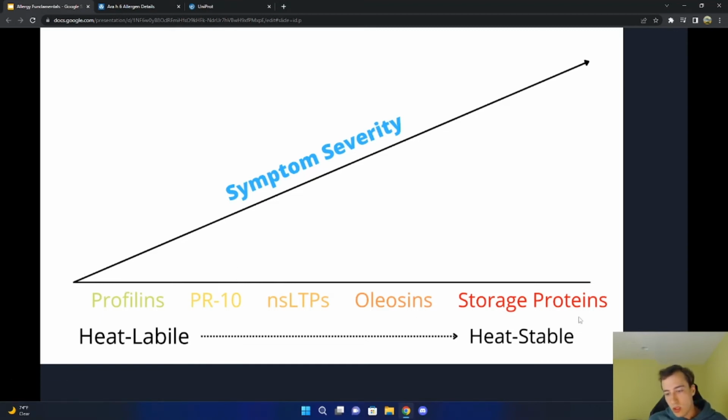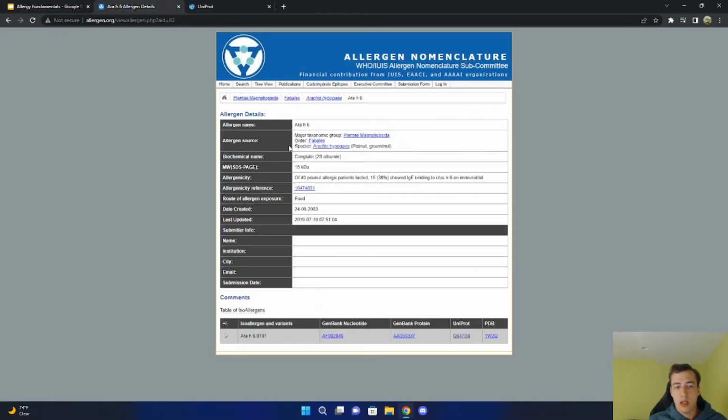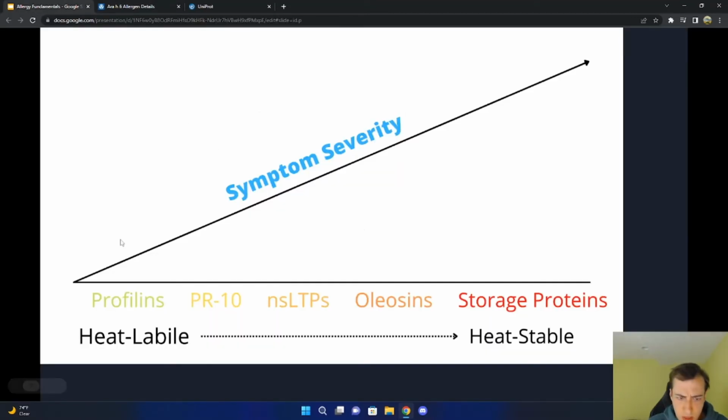But when you look at these heat-stable proteins, storage proteins, and this is the RH6 that we looked at, it's a storage protein, and the symptom severity is much higher. This is anaphylaxis level. People have died from this. The emergency room visits, EpiPen. This is the kind of stuff, the storage proteins, the severity.